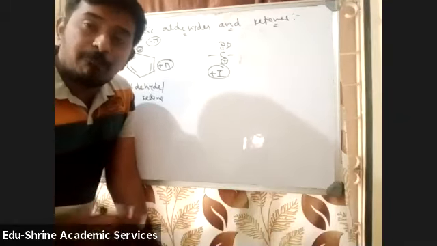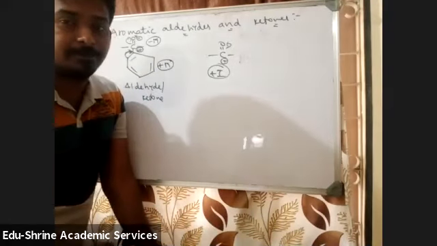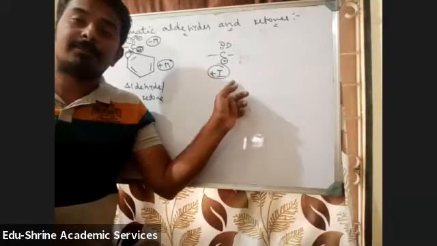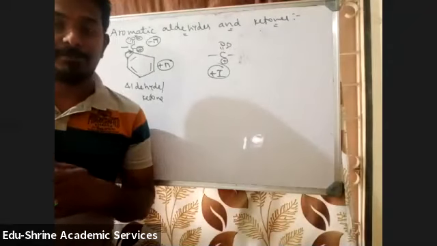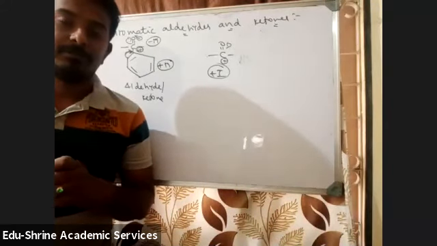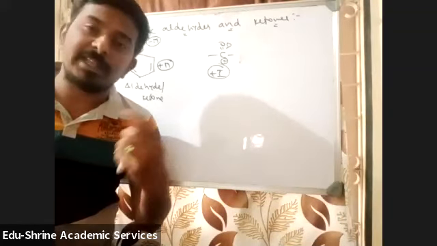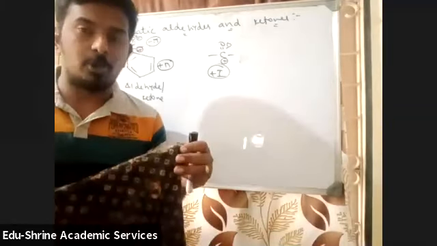So where is more positive charge available for nucleophilic attack? In aliphatic. That means which are more reactive, aliphatic or aromatic? Aliphatic are more reactive. Very good. Aliphatic will be more reactive when compared to aromatic.